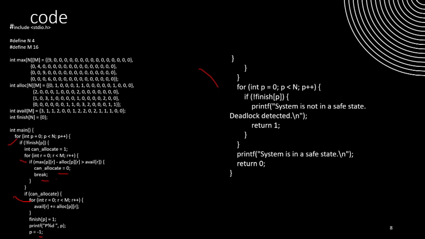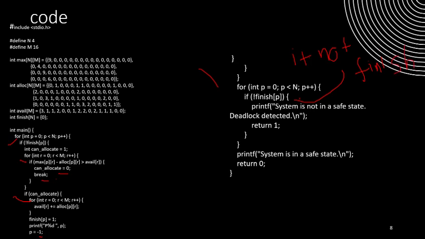This side is basically for P till N, and if finish P is not equal, it means that it is not finished. This is the main condition that we are seeing here.